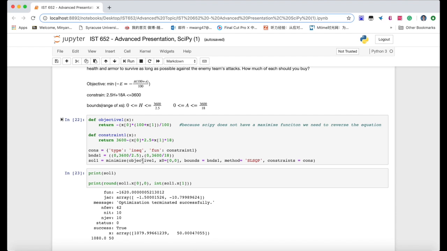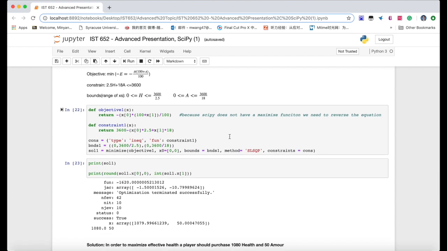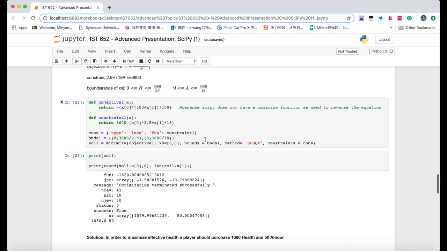We type minimize and the objective function, and then the x0 is the initial guess of this answer, and it doesn't affect the real solution, so we can just put 0 to it. And the bound is the bound we just defined, and we use the SLSQP method to solve this optimization problem, and the constraint is also the constraint that we just defined.